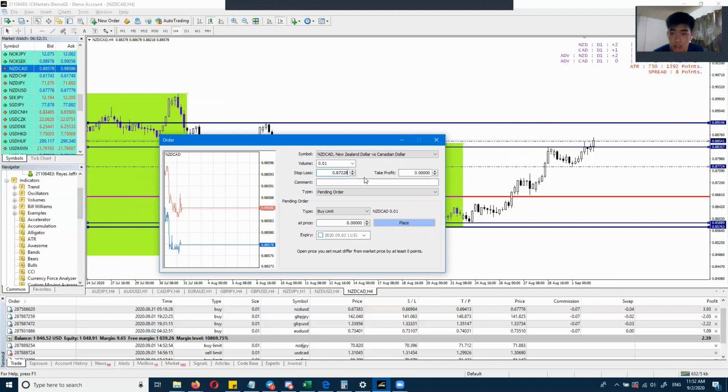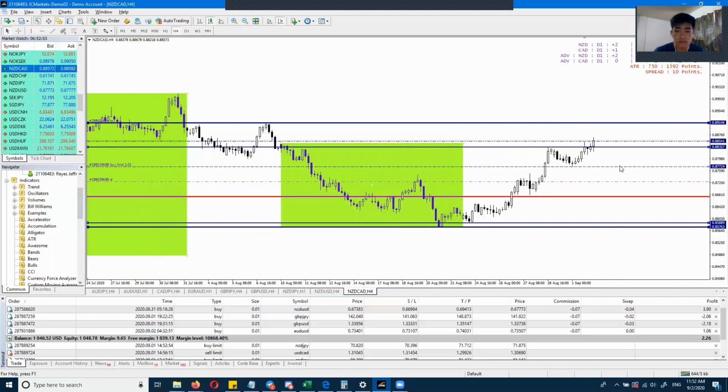Entry natin is 0.87724. Then TP natin yung pinaka-top is 0.89146. So that is a 50 more or less to 140.